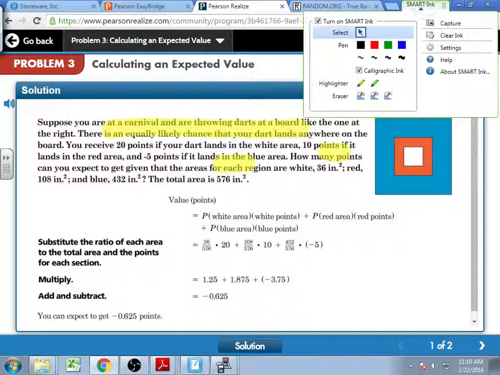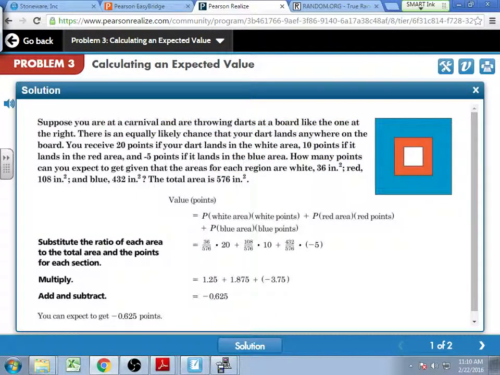So we take that probability times my 20 points. We then take the probability of the red region and multiply that by the points of the red region. And we take the probability of the blue region, which is really, really big, and multiply by the points for the blue region. Notice, if everything is random, am I going to gain points or lose points?